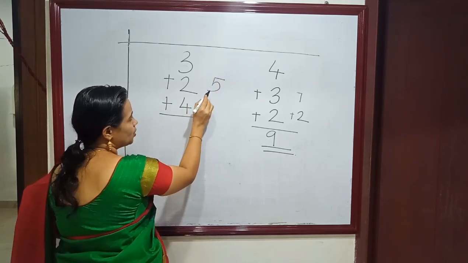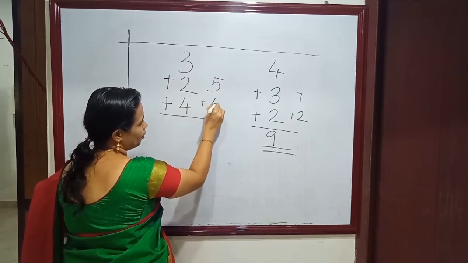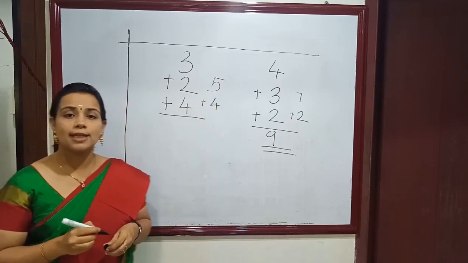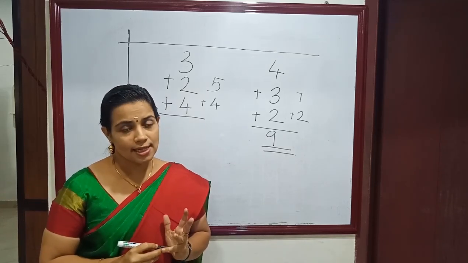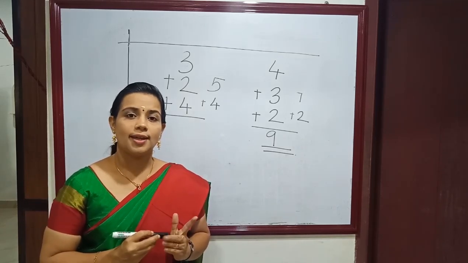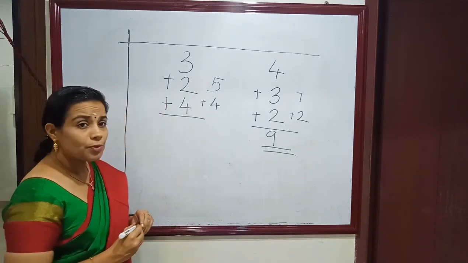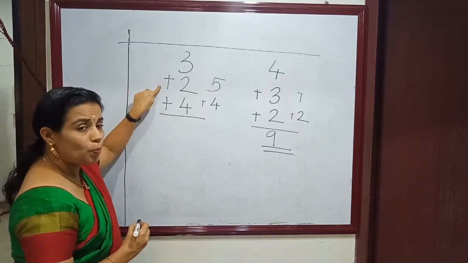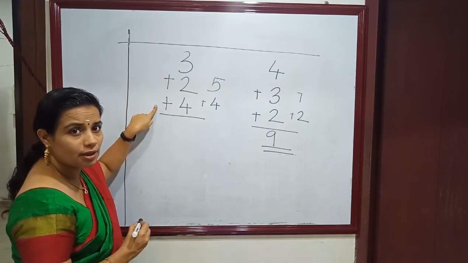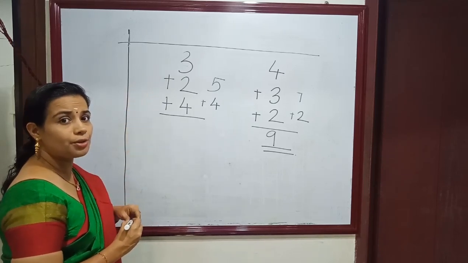Then we have to add 5 and 4. 5 plus 4 is equal to, count after 5 in 4 times: 6, 7, 8, 9. So 5 plus 4 is equal to 9. 3 plus 2 plus 4 is equal to 9.